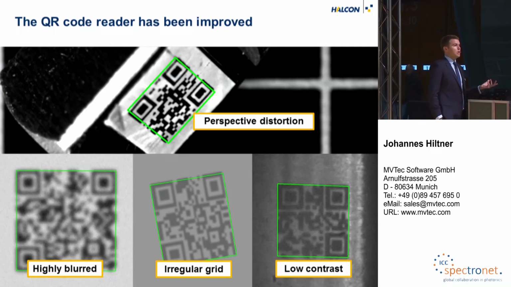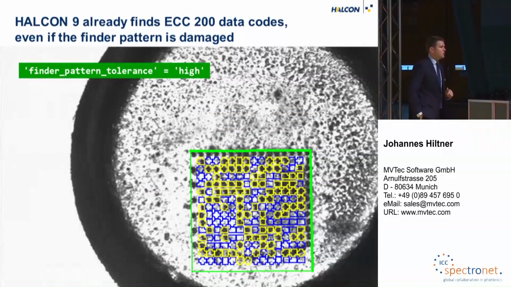Irregular grid, which comes from printed QR code where the printing speed changes, so this grid irregularity, and also for low contrast images. But not only for QR codes, the ECC 200 code is also quite commonly used data code.